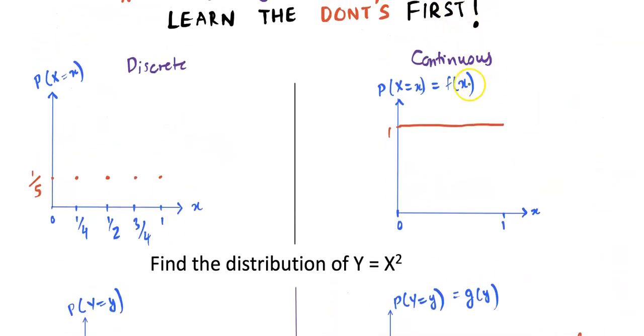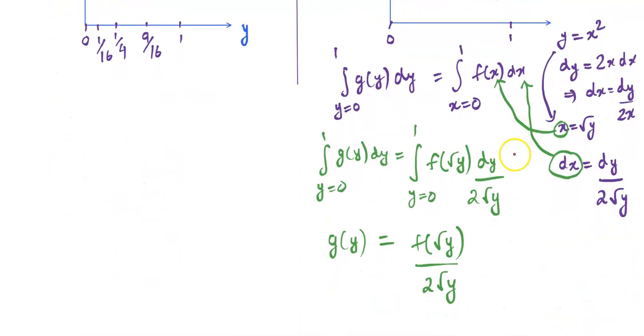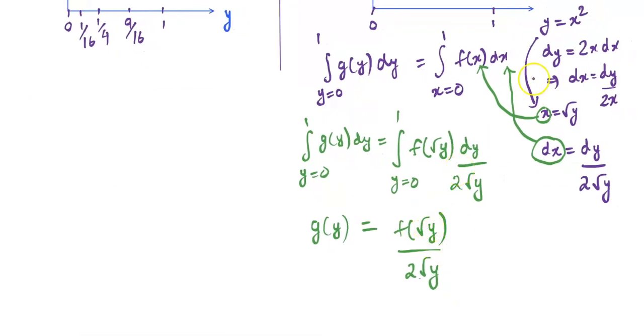Remember, f of x was 1 everywhere, right? Let me just write that down. F of x was equal to 1 for x in the range of 0 to 1. And because y is the square of x, y would also range from 0 to 1. And so the square root of y would also range from 0 to 1. And so f of that would still be 1, right?